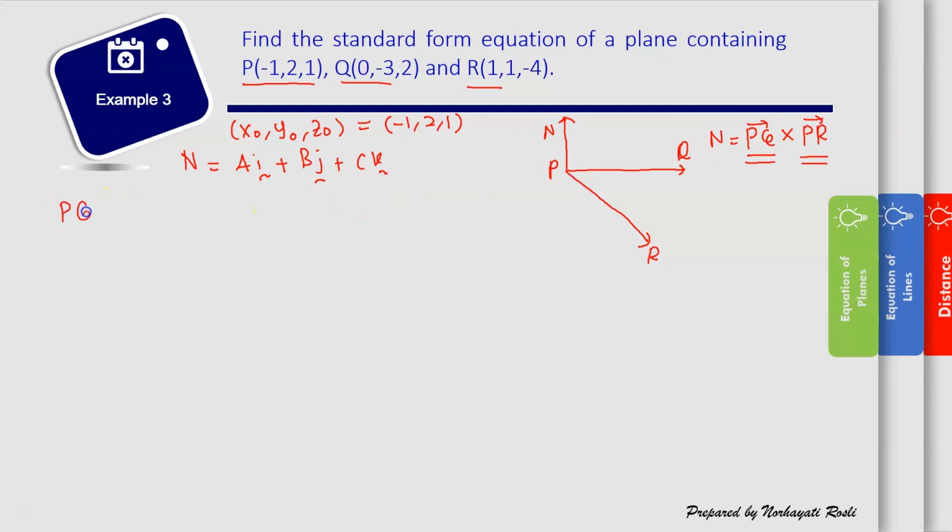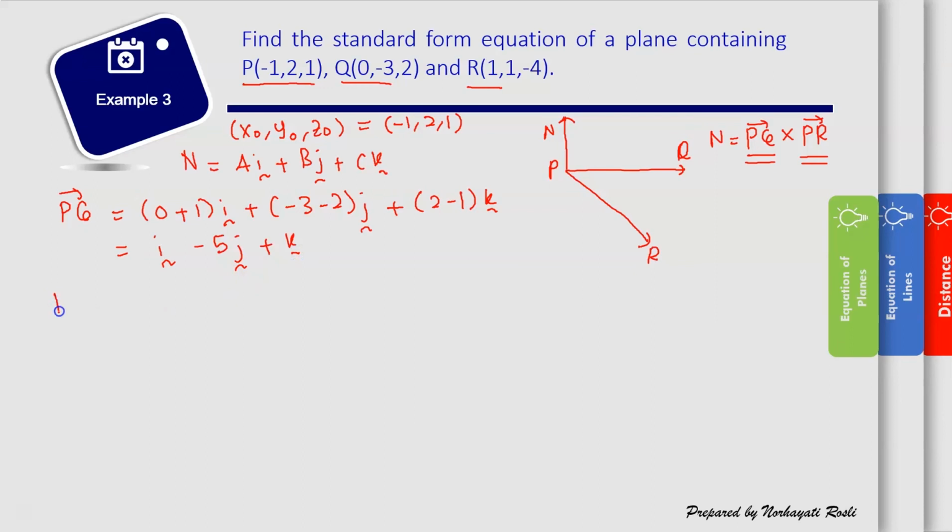How to compute vector PQ? We have 2 points, so the second point Q minus the first point P. We will have 0 minus negative 1, so plus 1i, plus negative 3 minus 2, j, plus 2 minus 1, k, which means we have PQ equal to i minus 5j plus k.